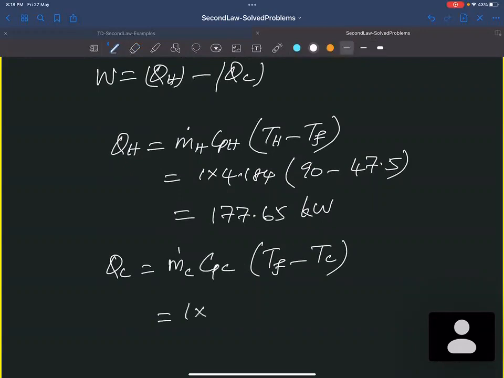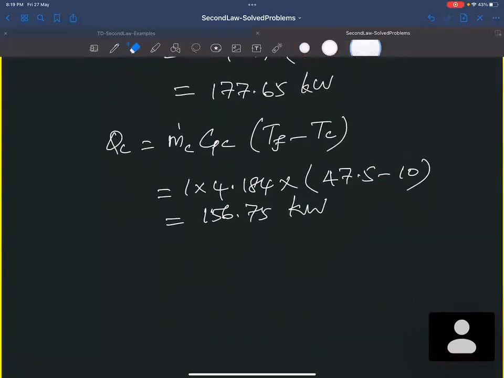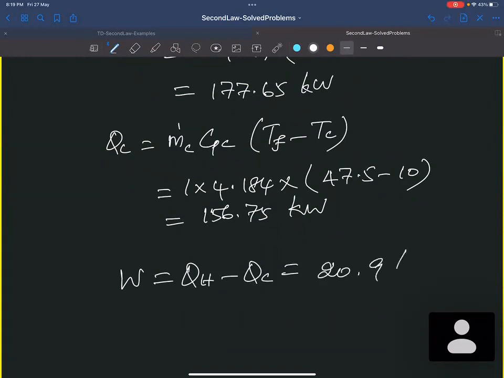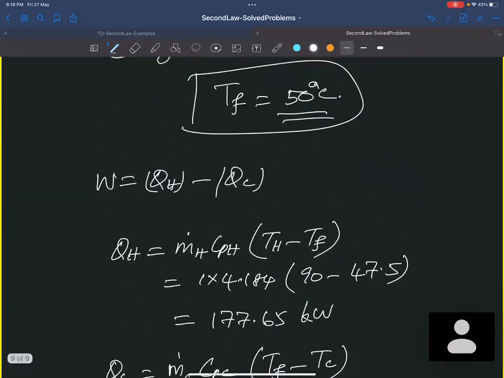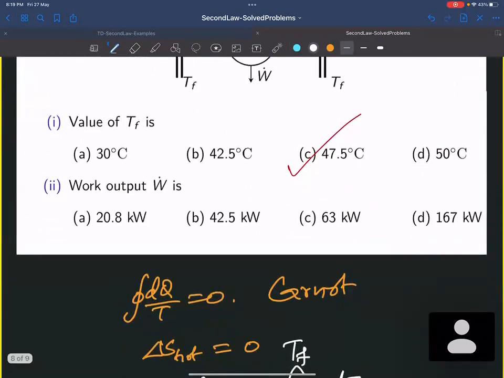So this is again 1 into 4.184 into TF, which is 47.5, minus 10 degrees Celsius, from which you are getting 156.75 kilowatt. So W equal to QH minus QC. Fine, no? So we are getting some 20.9 kilowatt. So there is an answer available. Let us check: 20.98.